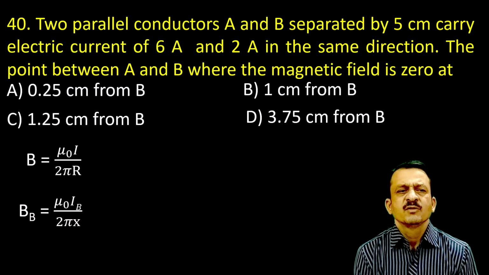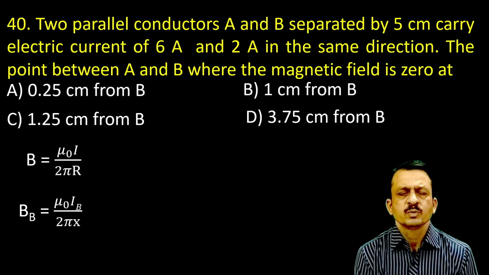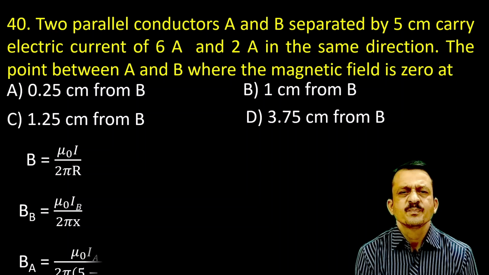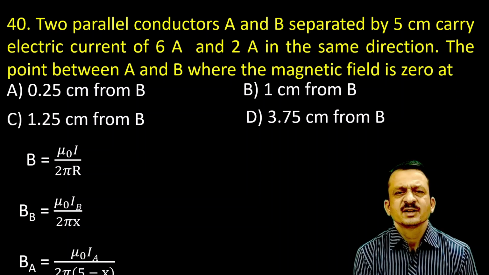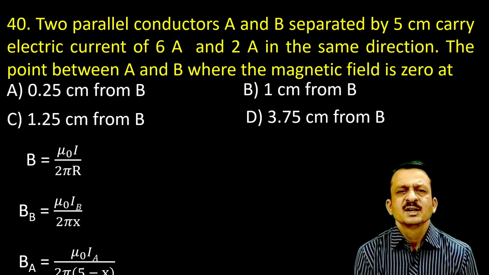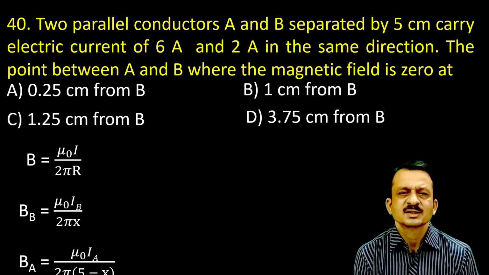For the second conductor, BB is equal to mu naught IB divided by 2 pi x. For the first conductor, BA is equal to mu naught IA divided by 2 pi into (5 minus x), because 5 is the distance of separation between the two conductors.